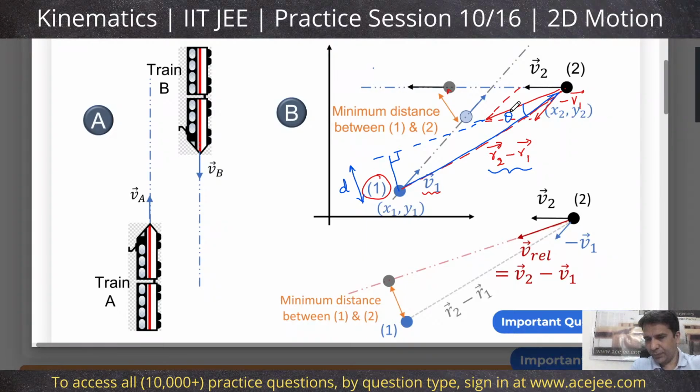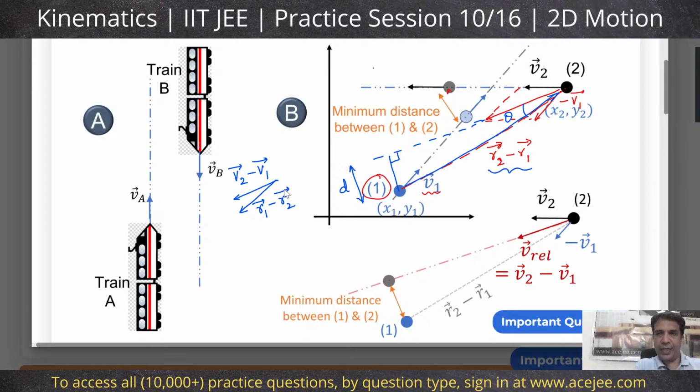So let's look at the angle between these two vectors. Which two vectors? This is minus V1, and I'm going to flip this position vector to R1 minus R2 vector, which is in the direction opposite to that of R2 minus R1.